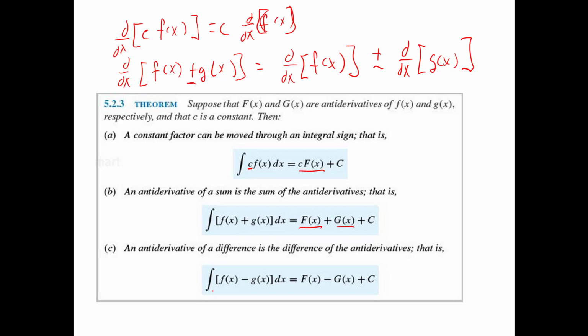So when you see something like this, I don't need to see all this work. I really don't want to see all this work, but let me just show you how that theorem applies to something like this. This can be done as two different integrals: the integral of 3x to the 5th dx plus the integral of 4x dx.